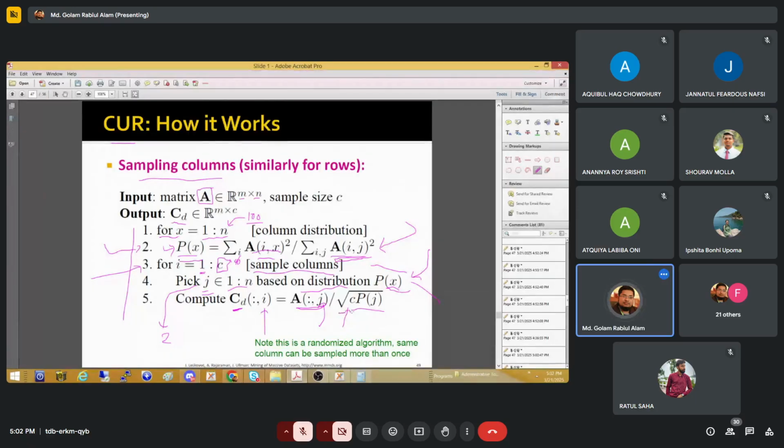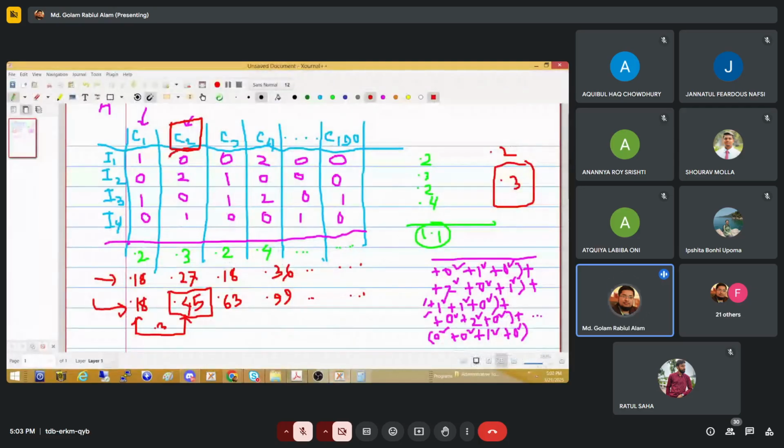So if we select this column, then the values in our C matrix are normalized this way. Let's say this is our C matrix.